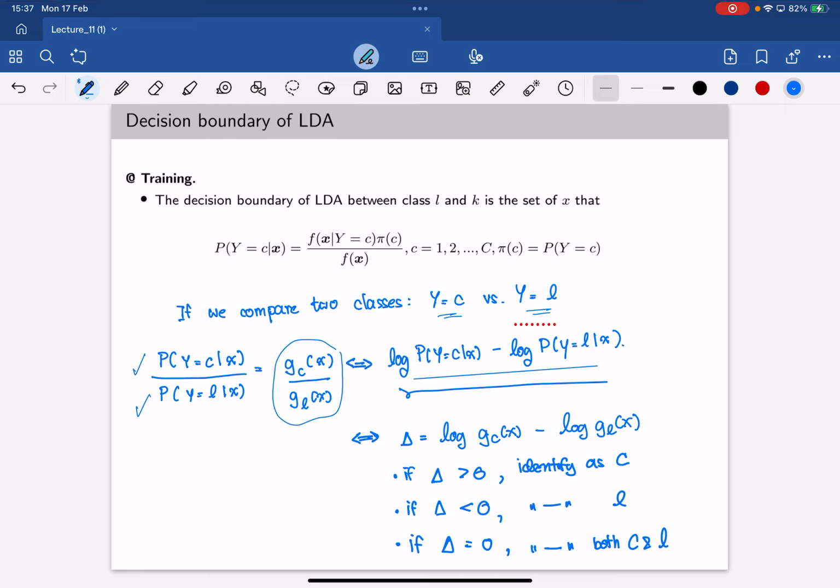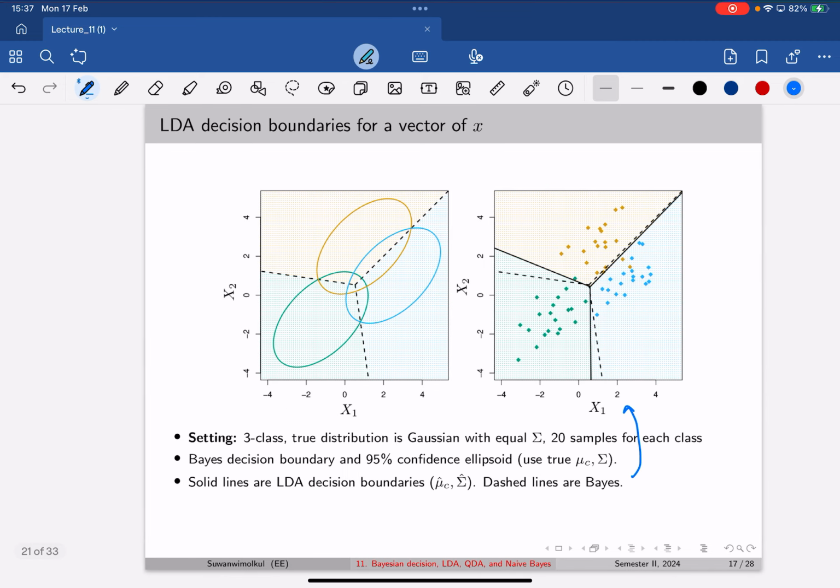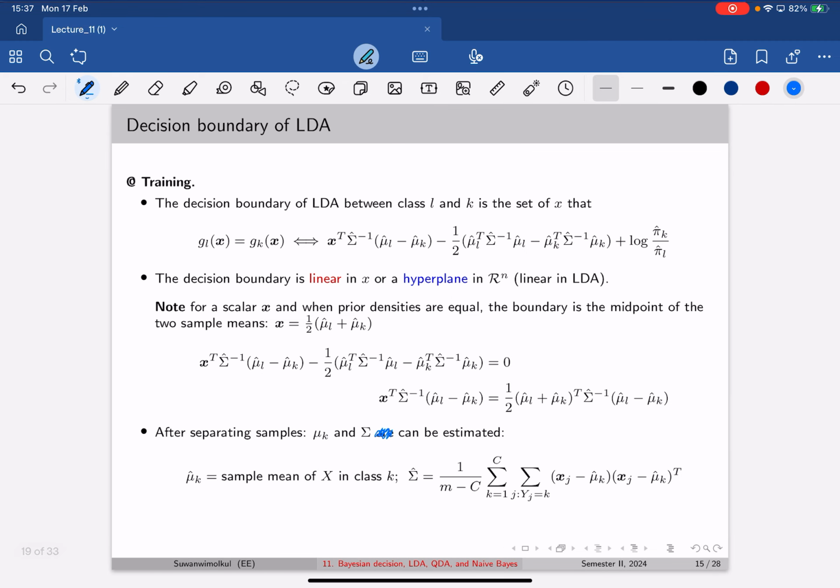If we compare those two terms, and the difference is higher than 0, it should be identified as class C rather than class L. If it's equal to 0, that means the two classes have the same probability.